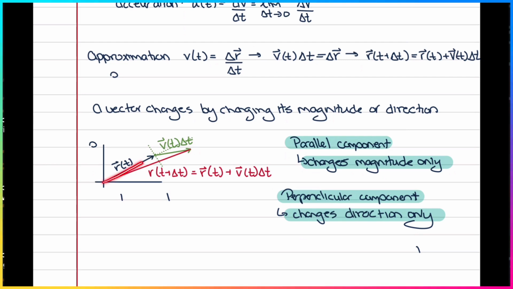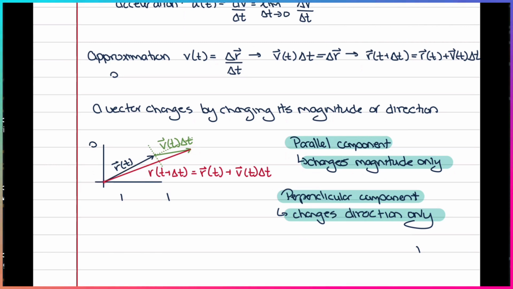Well, when I look at the original vector, it seems to have gotten longer. The magnitude has changed. It seems to have gone from this length to now something that's about this long. It also seems to have changed direction. It originally was pointing in this direction, but then it has shifted and now is pointing slightly more down in that direction.